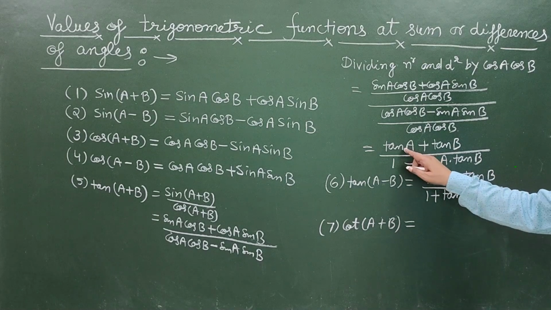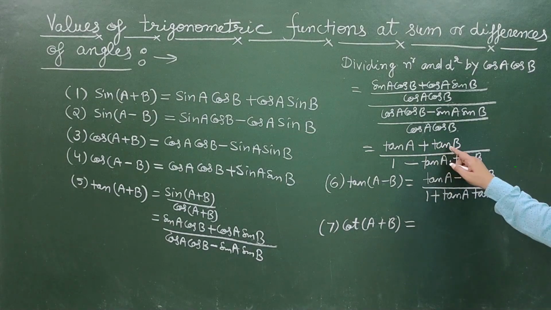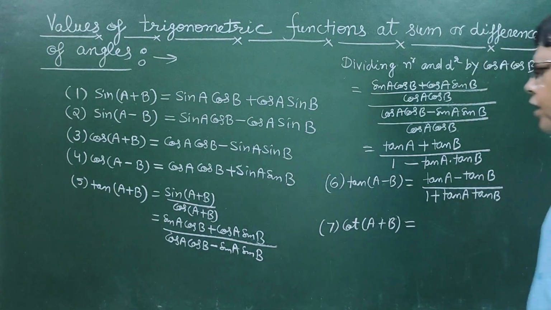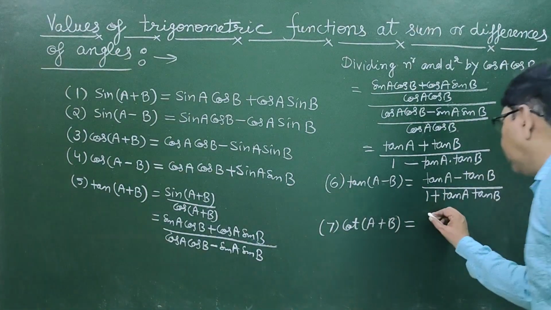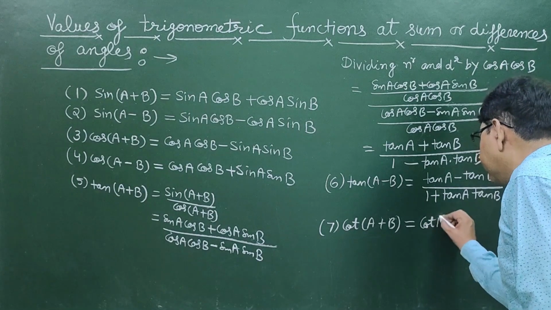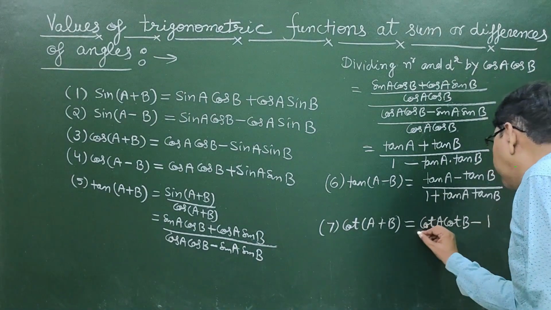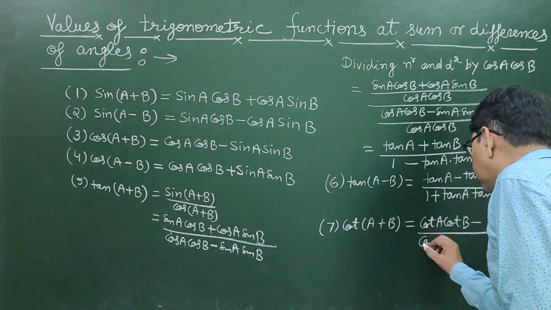If I write 1 upon cot B here, 1 upon cot A here, 1 upon cot B, then 1 upon cot A, 1 upon cot B, and then I take the reciprocal to get cot of A plus B. Then the formula is (cot A cot B minus 1) upon (cot A plus cot B).